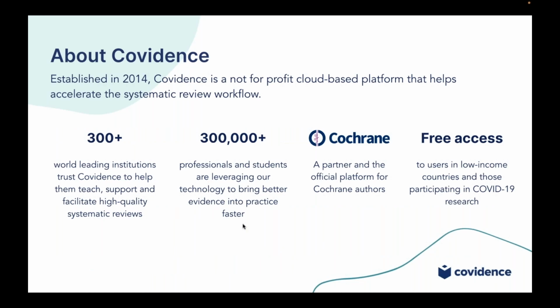Before we jump in, I'm just going to provide a little bit of contextual information about Covidence for anyone here that isn't already familiar with or hasn't used the platform.